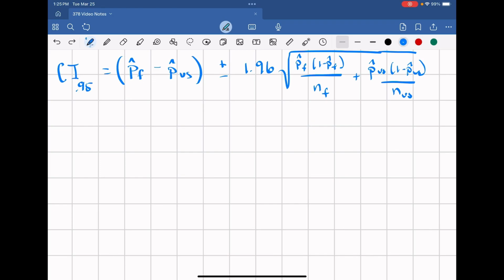So now with this, I can go ahead and put in the numbers. This is equal to, we can look at the numbers for France, which is 0.109, minus the numbers for the US, 0.076, plus or minus 1.96. And now it's going to get a little nasty, but we can do it.